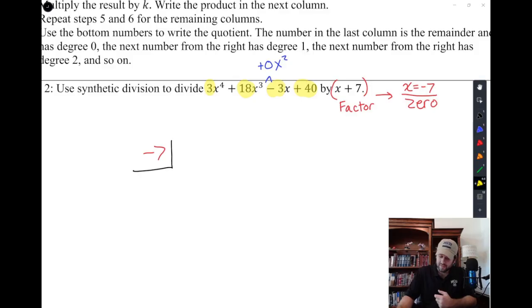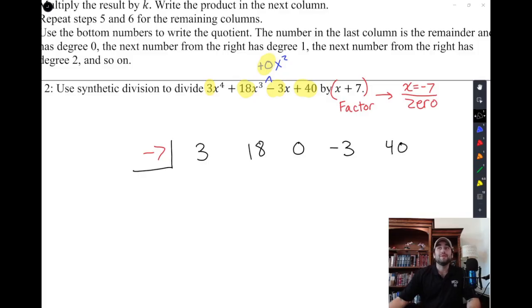Now we can write, we've included that missing coefficient. We're going to write just the coefficients. So 3, and then 18, and then 0, and then -3, and then 40. So it looks kind of weird right now, but I promise it's really useful.